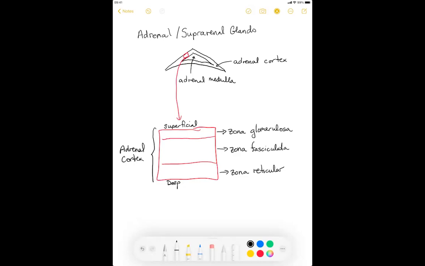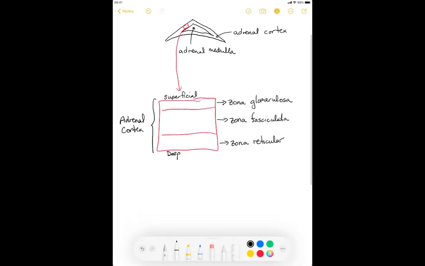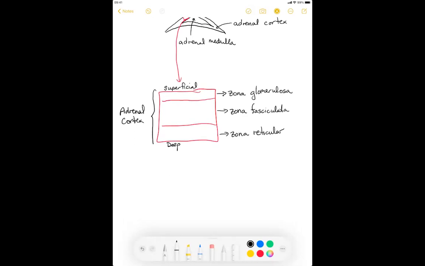All three of these zones produce different hormones, and all of these hormones are steroid hormones. Underneath here, this is the adrenal medulla. So all of these zones make different steroid hormones.